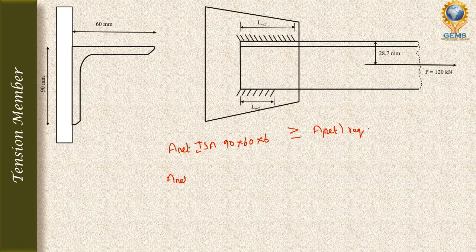We know it is a single angle, so A net is A1 plus K1 A2, where K1 is equal to 3 A1 by 3 A1 plus A2.